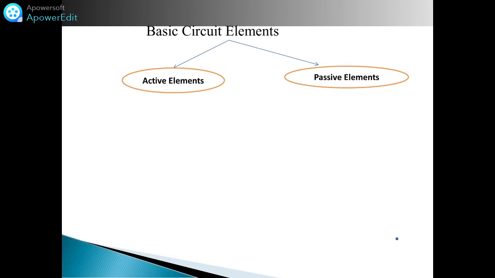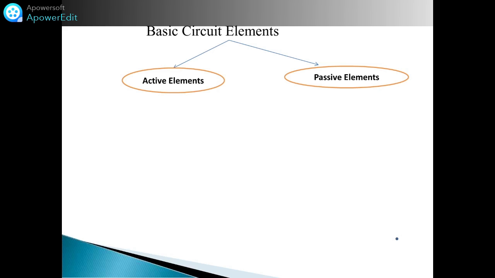Active elements, like sources, give energy continuously to the circuit. So those are called active elements. Passive elements can store energy but can't give energy to the circuit without the help of active sources. Passive elements can also be defined as dissipating or energy-losing elements.